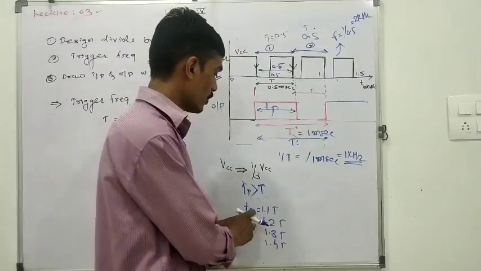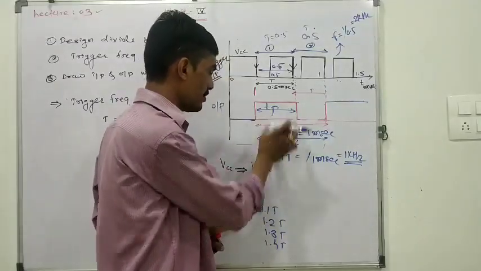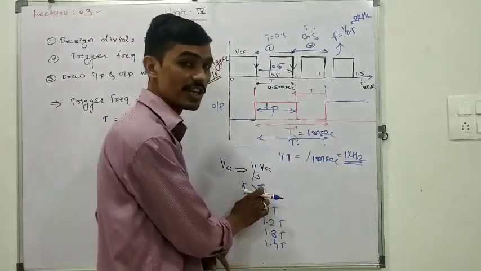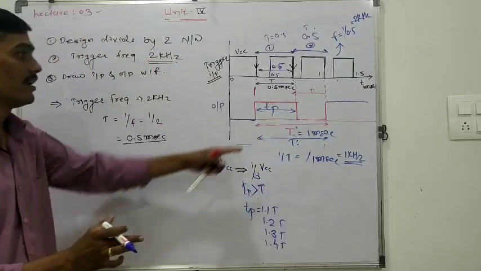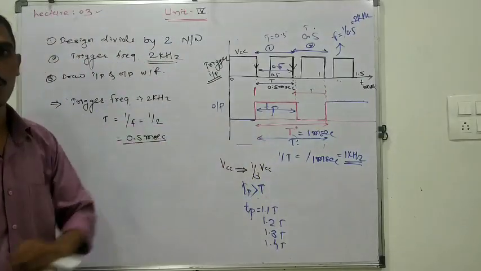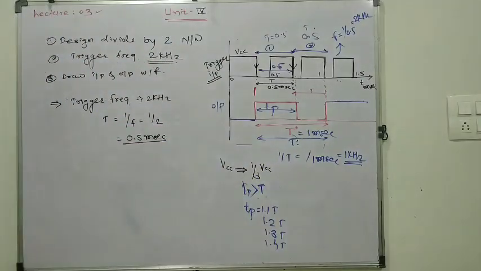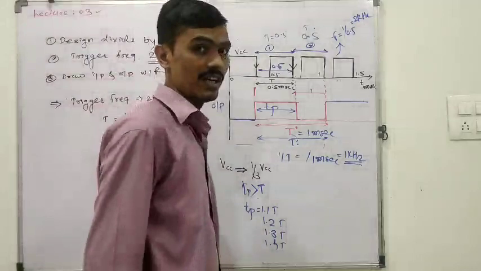Is it right? So Tp, that pulse width, must be greater than this T. Are you getting it? This is the concept behind obtaining this output, that is Tp, for the divide by 2 network. That is the main issue while designing the divide by 2, divide by 3 network.